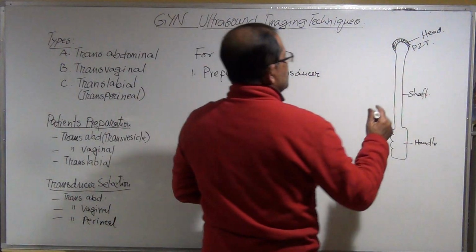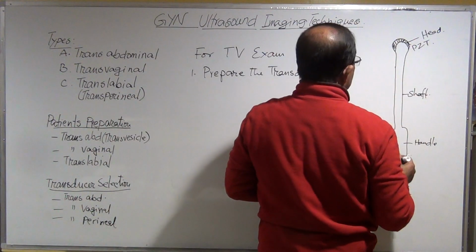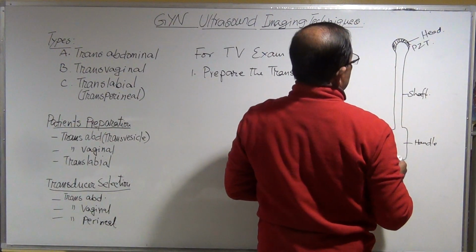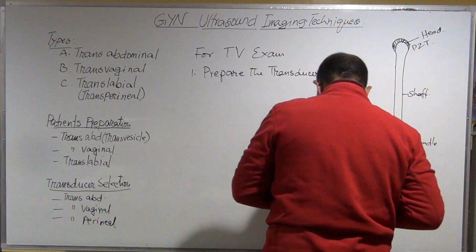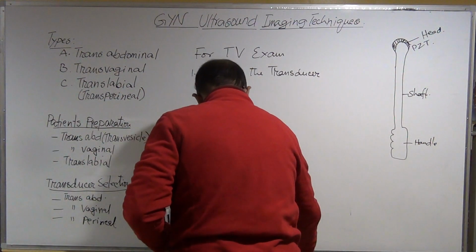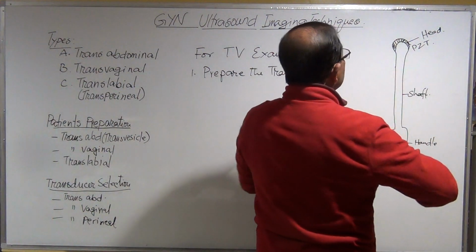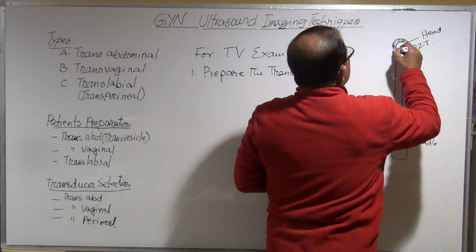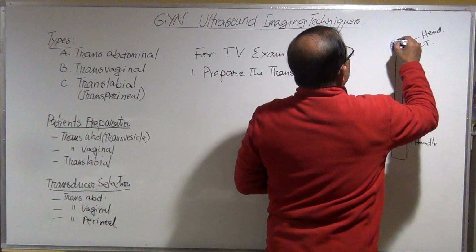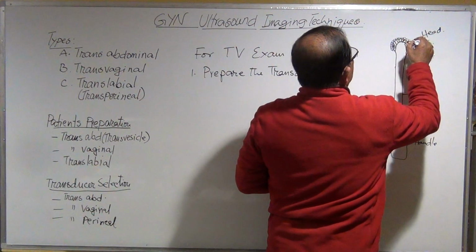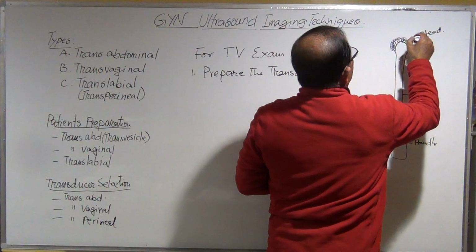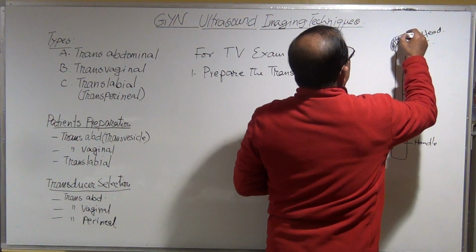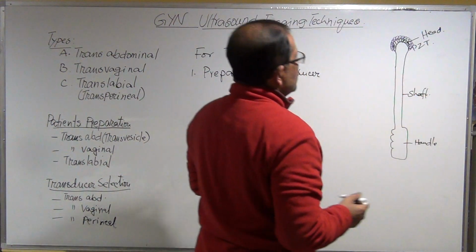Prepare the transducer. This is a sterile transducer. Then you have to cover the transducer with the transducer covering. We call it probe covering. Before putting the probe cover, you have to put the gel over here. Okay?